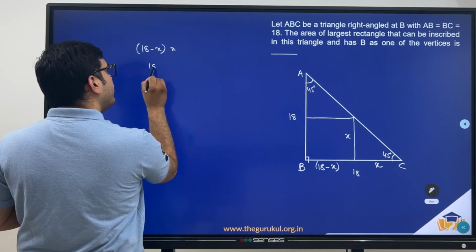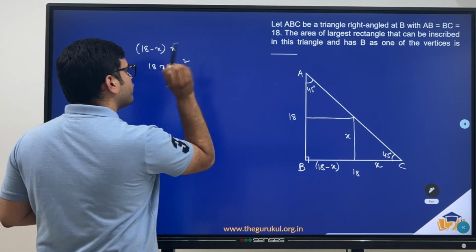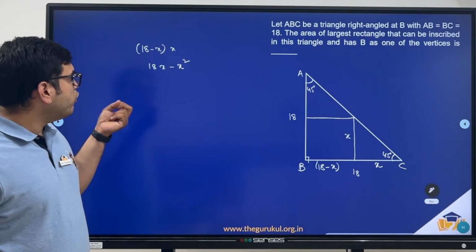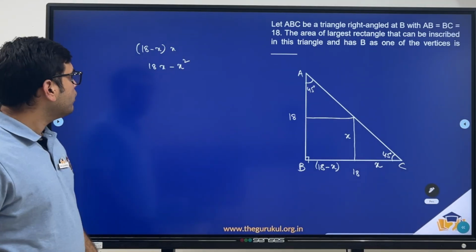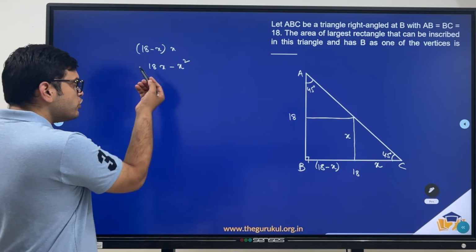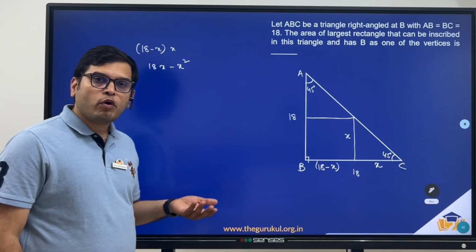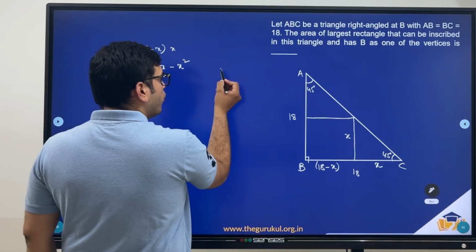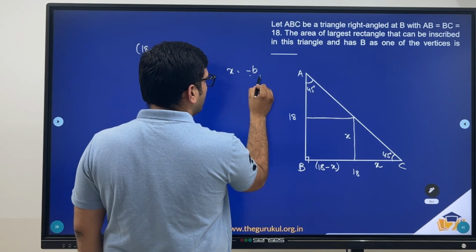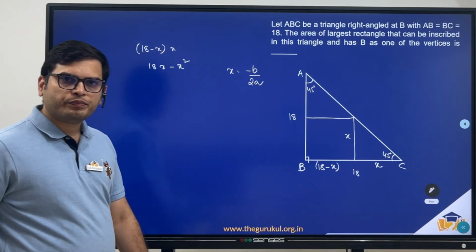which is nothing but 18x minus x square, right? Now we need to find the maximum value of this, right? So how can we do that? Differentiation, or whenever you have a quadratic expression, the minimum or maximum value will be when x is equal to minus b by 2a, right?